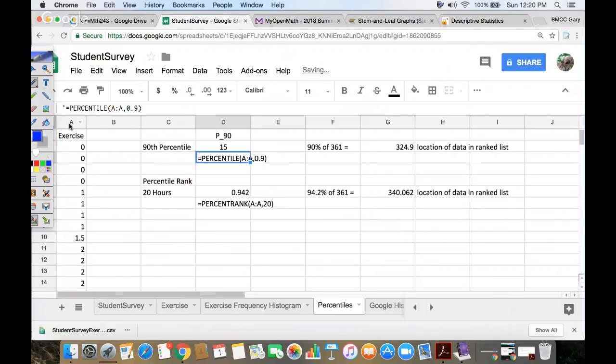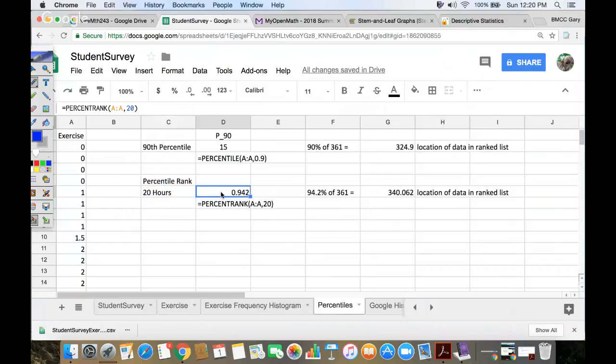Google looks at the list and says, hey, the number 15 is there. And down below here, I just typed that formula that's above. Okay, so that's percentile. Percentile rank means a particular data number, like somebody exercised 20 hours per week, and you want to find out where they sit in an ordered list.